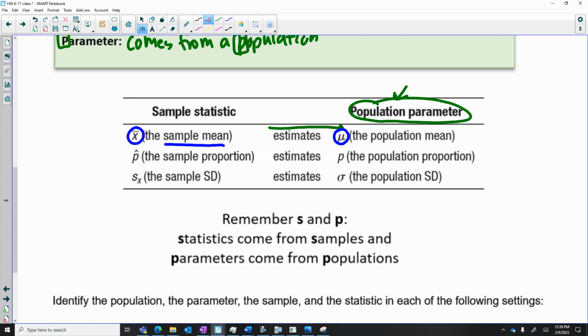If it's mu, it's the entire population or every possible iteration of the random variable. So it's basically everybody. But if it's a sample, like a small group, then we use x bar. Same thing with proportions. If it came from a sample and we find the proportion of something, it would be called p hat. But if it's a true proportion from the entire population, we use the symbol p.